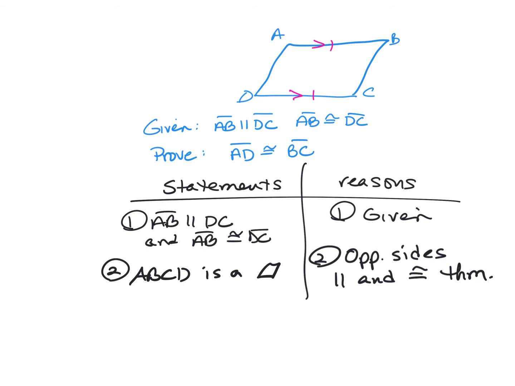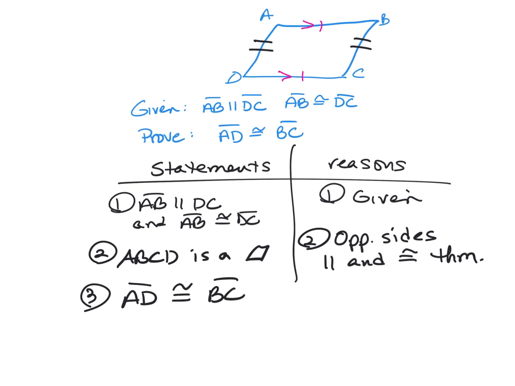So because this is a parallelogram, I could now add in congruency marks to AD and BC, which is what I'm trying to prove, that AD is congruent to BC. And the reason I can state that is because opposite sides in a parallelogram are congruent. So my parallelogram opposite sides theorem.